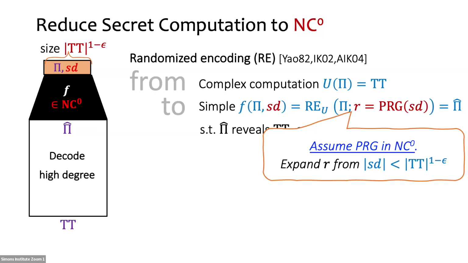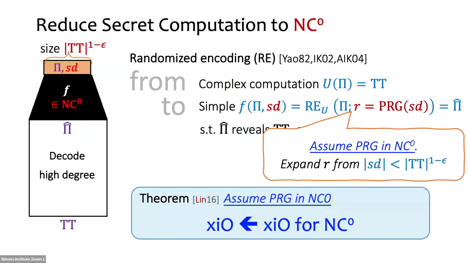And everything is still in NC0 as long as my PRG is simple to compute, computable in NC0. Therefore, now we have reduced the task of building XIO to the task of building XIO for just NC0 circuits.